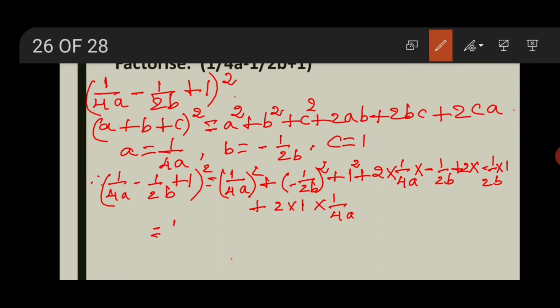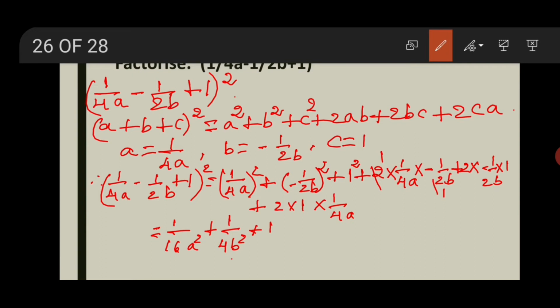Then we will get 1 square is 1 divided by 4a whole square is equal to 16a square. Then plus 1 square is 1 minus 2b whole square is equal to plus 4b square plus 1 square is 1. Then 2 ones are cancelled.